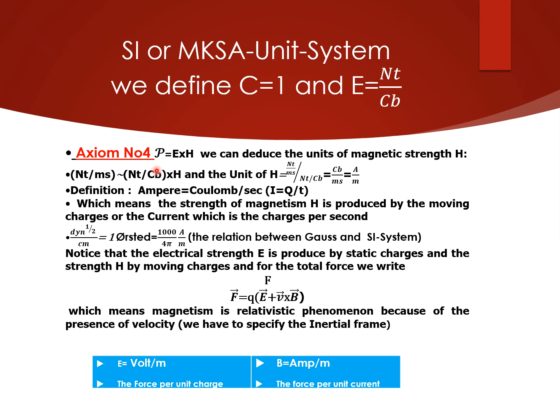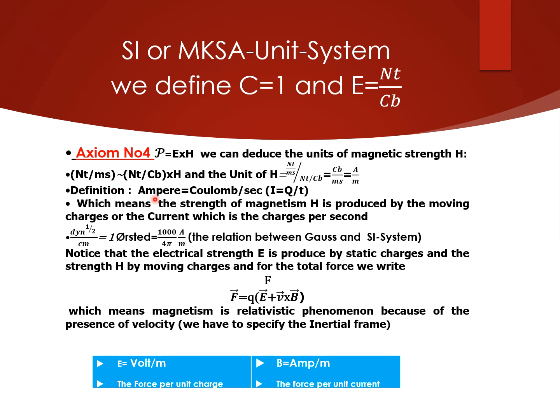From axiom number 4, we can deduce the units of magnetic strength. Newton over meter a second is the unit of the power flux, and here is the unit of electric strength, Newton over Coulomb, times the unknown unit of H. So the unit of H becomes, if we put the expressions, Coulomb over meter and second, which equals ampere over meter.